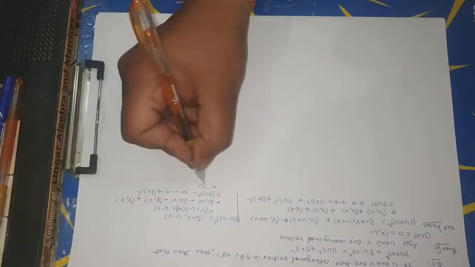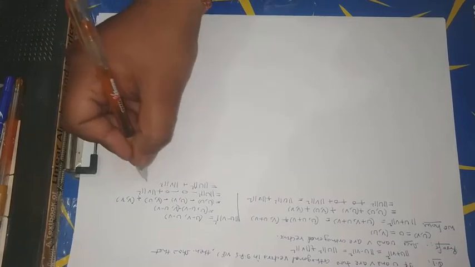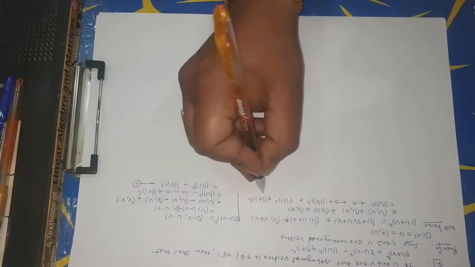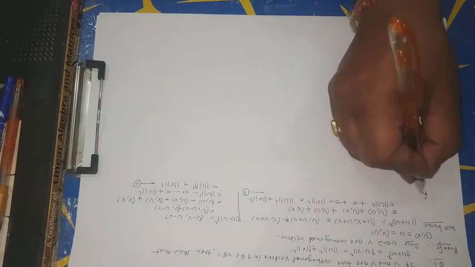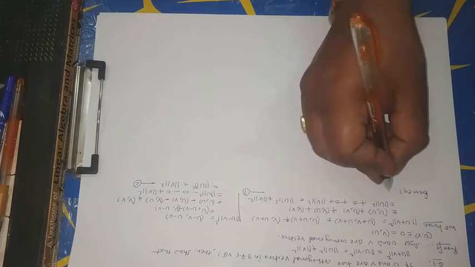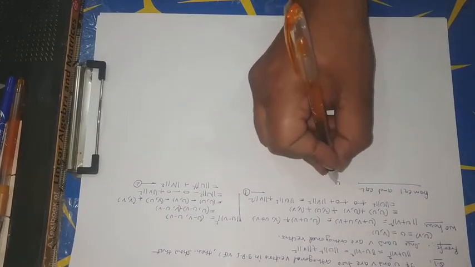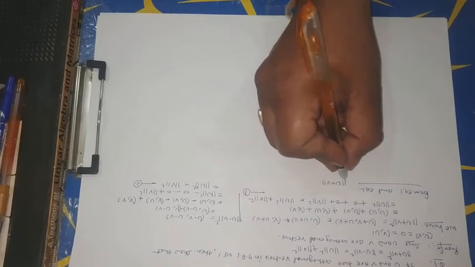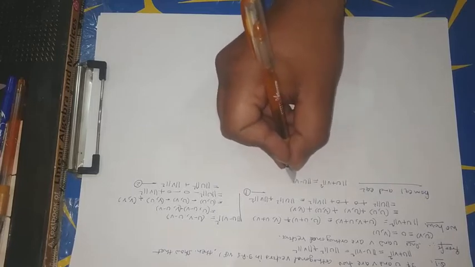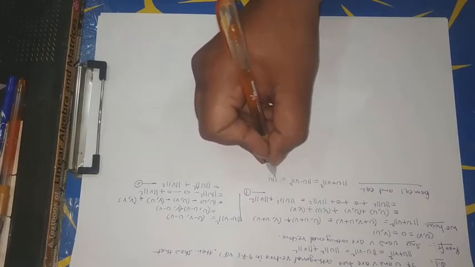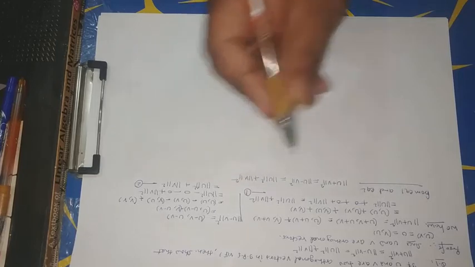This is equal to the norm of u squared plus the norm of v squared. This is represented by equation number 2, and the previous one by equation number 1. Therefore, from equation 1 and equation 2 we can write that the norm of u plus v squared is equal to the norm of u minus v squared, which is equal to the norm of u squared plus the norm of v squared.